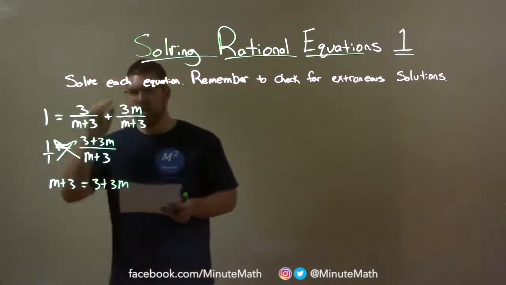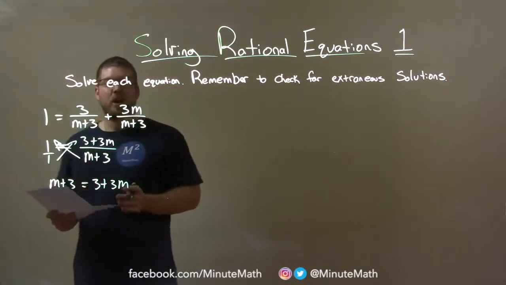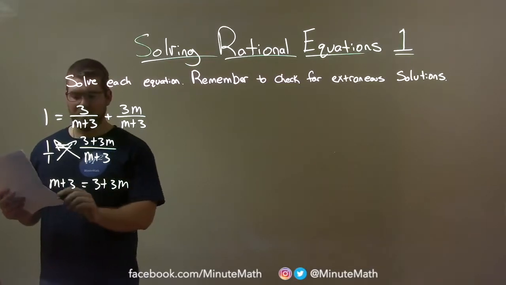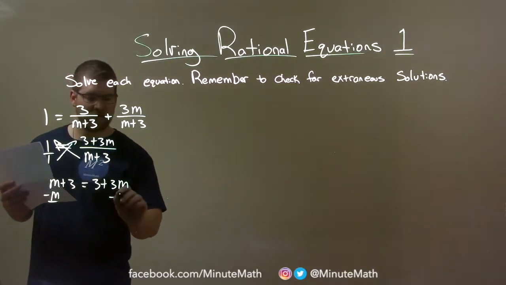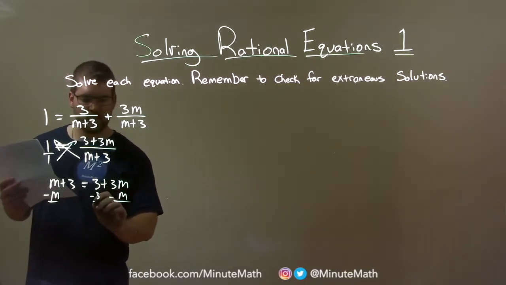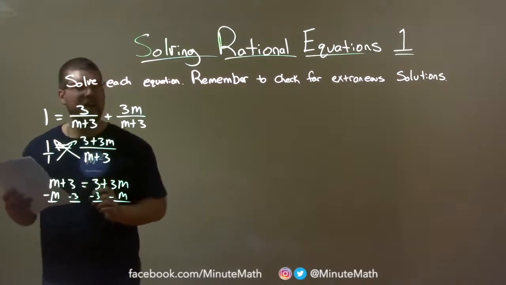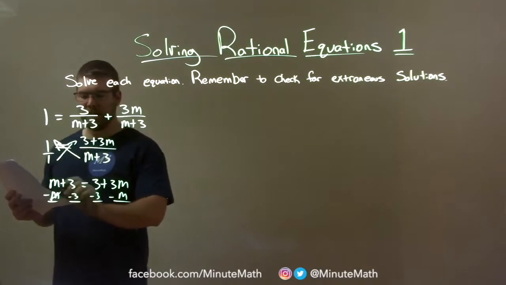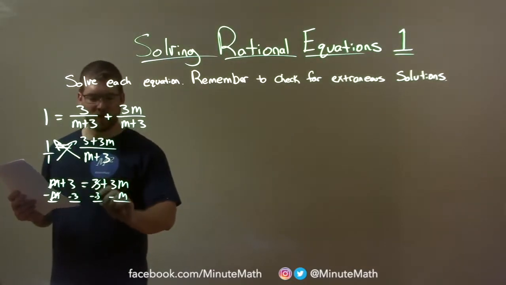A little easier now, so let's get our like terms together. Let's bring our m's to the right, our numbers to the left. Let's subtract an m from both sides, and subtract a 3 from both sides. Be careful with this though. This is something that students trip up on all the time. These m's will cancel and these 3's will cancel.